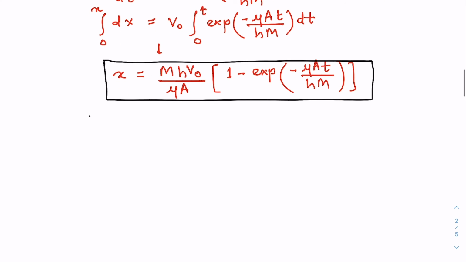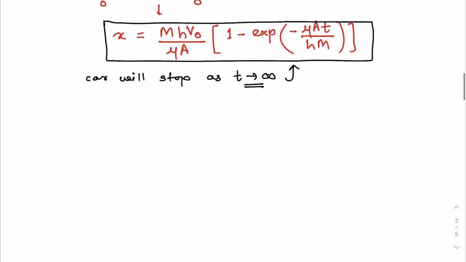Now the car will stop as time goes to a very large value. So eventually the car will stop. We will basically use this limit, time going to infinity, in the above equation. x will approach the stopping distance in that case.